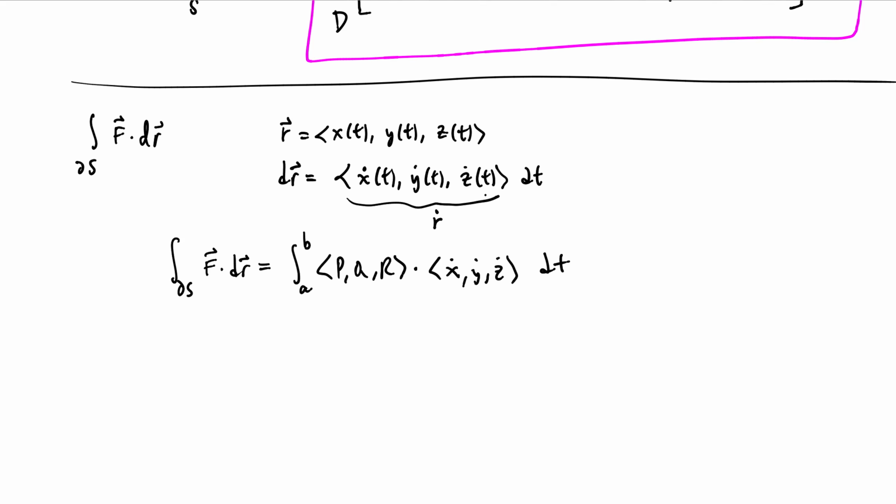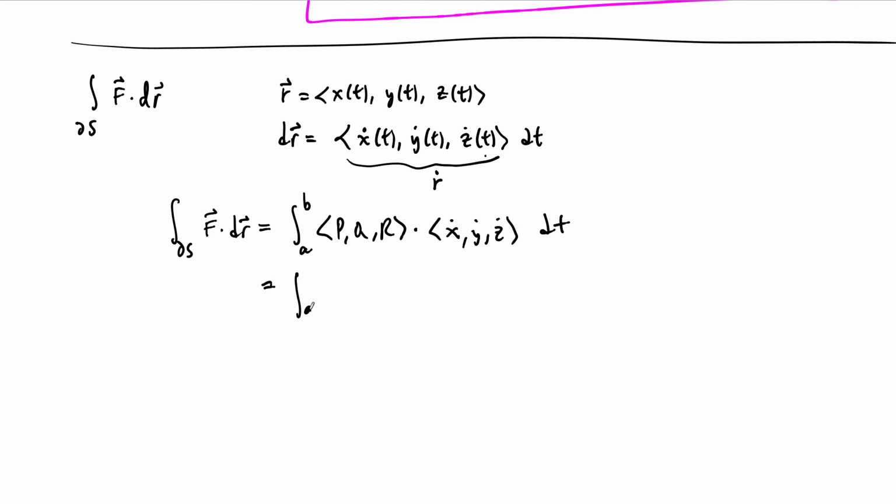All right, and then when we write this out, we end up with the integral from a to b of P dx/dt, that's what x dot means, plus Q dy/dt plus R dz/dt, all integrated up dt here. But then remember that z depends on x and y, right? And so we can apply the chain rule.